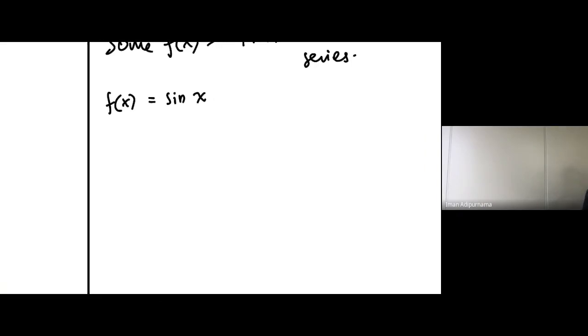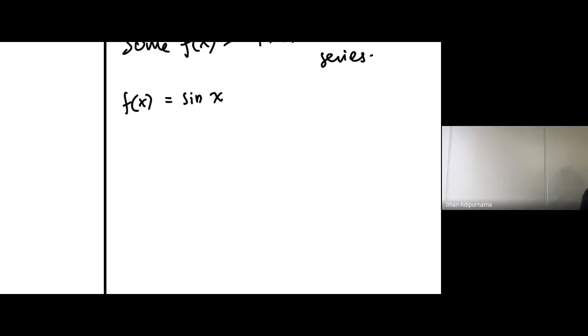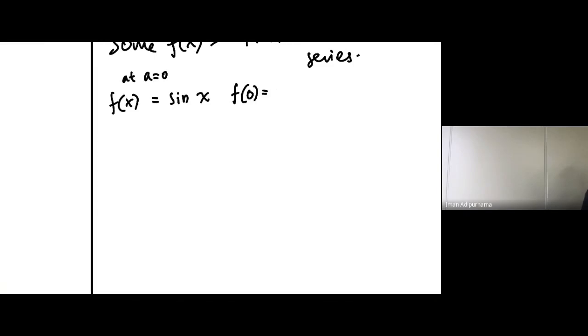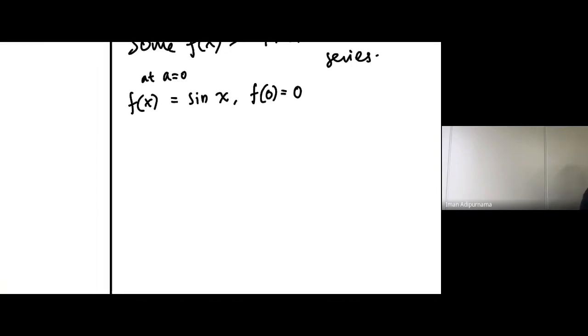If we are looking at the Maclaurin, we need to evaluate at a equals 0. So f(0) is 0. And f prime of x is cosine x, and we will have several terms.